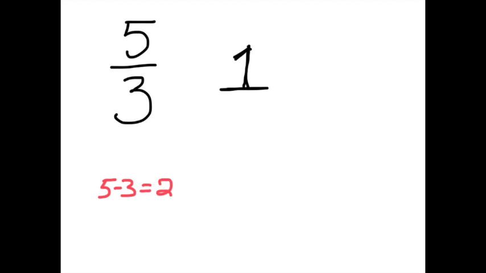So whatever's left over on top or in the numerator gets added to my mixed number with the original denominator. Okay, so really what's happening is I'm saying the numerator here minus the denominator. Okay, so that's what's going on right here.